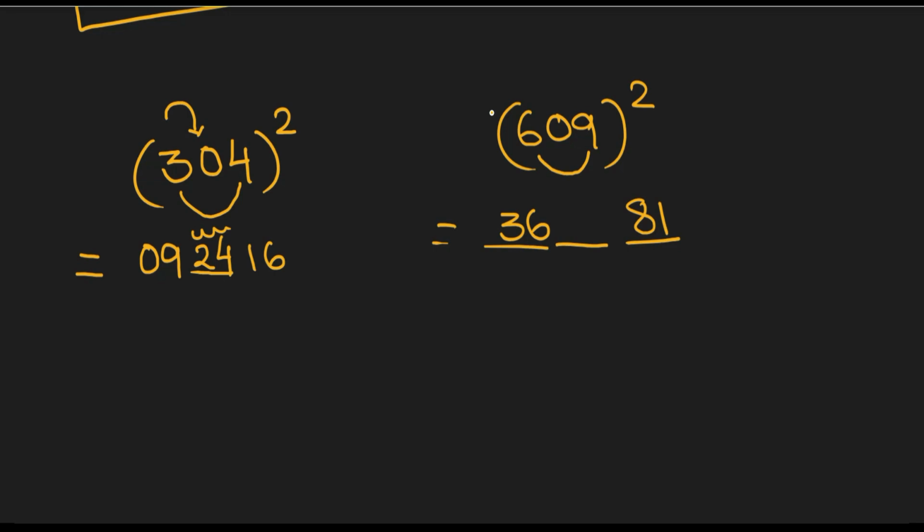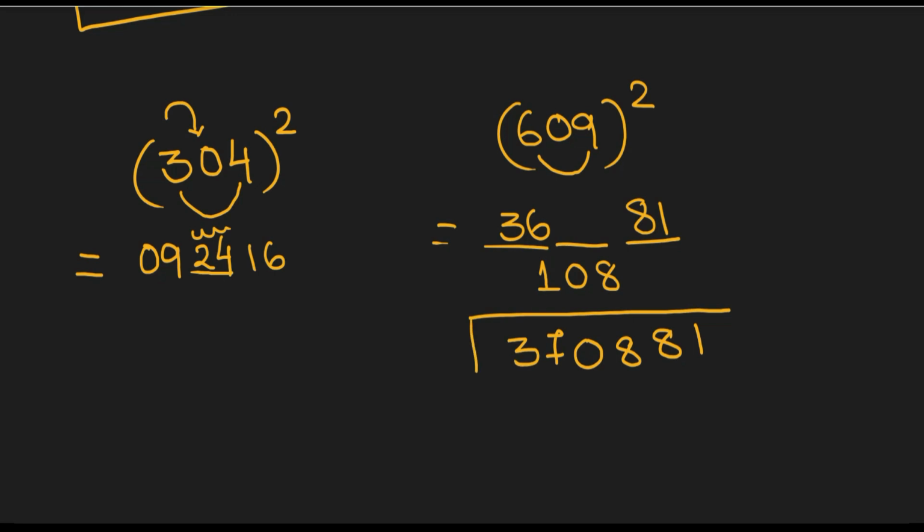And now 108 is a 3-digit number, so we can write this as 108. Now let us add all these numbers, then we can write it as 1, 8, this is 8, this is 0, 6 plus 1 is 7, and here this is 3. So the square of 609 is 370881.